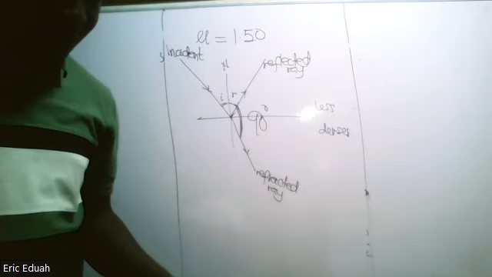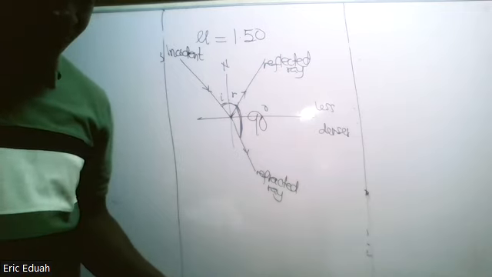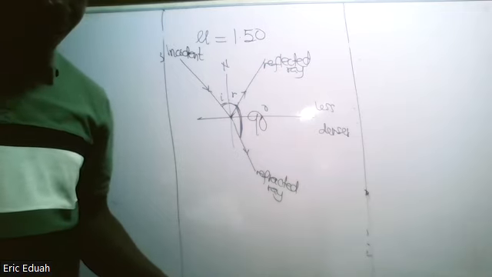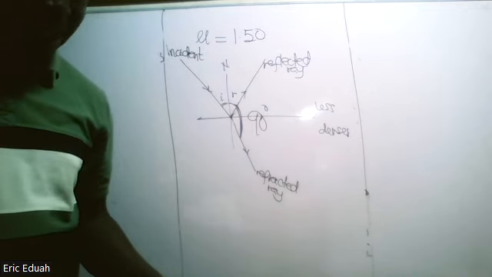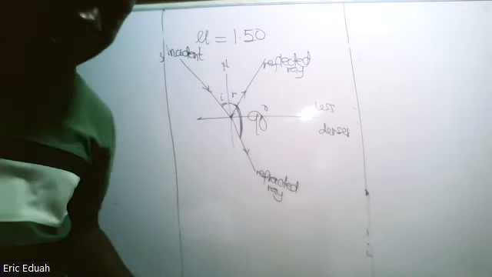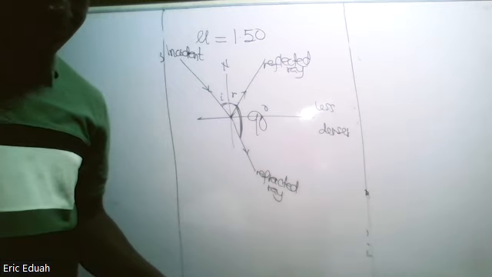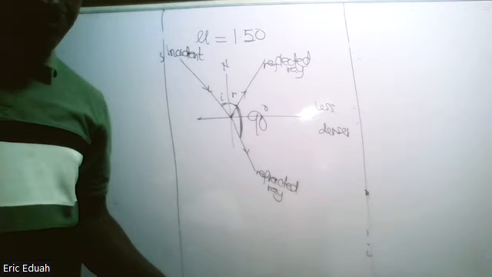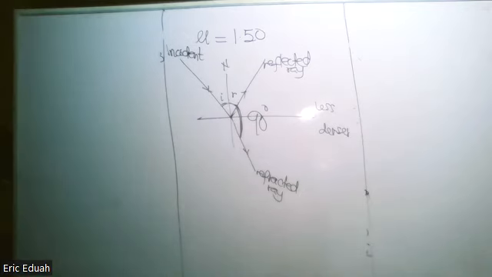What is the angle of incidence of the ray if the angle between the reflected and the refracted ray is 90 degrees?